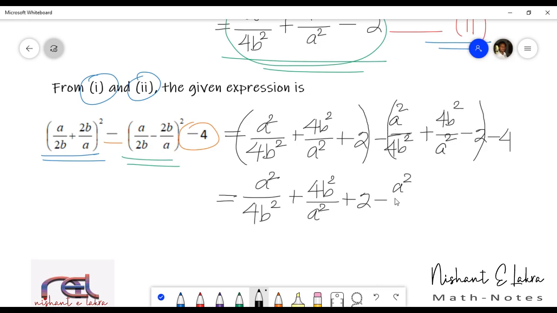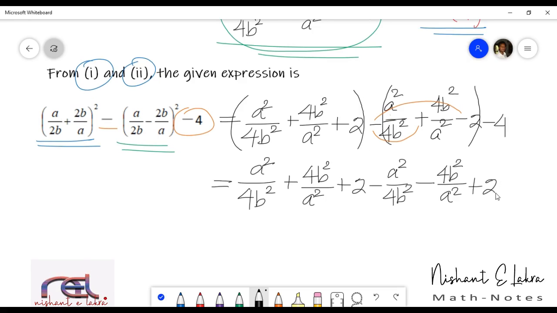Now when we're opening the bracket of the second equation, notice here that minus into plus is minus, so we wrote it as minus a square by 4b square, and minus into plus is minus, so minus 4b square by a square, and minus into minus, I'm sure you know this rule, minus into minus is plus, so we will write it as plus 2, and minus 4, which is outside the bracket.